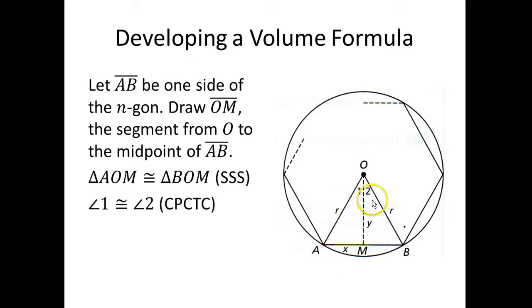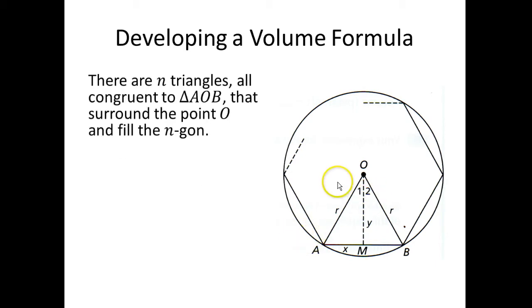Also, angle 1 and angle 2 are congruent to each other because they're corresponding parts of congruent triangles. There are a total of n of these triangles. For example, let's say this inscribed polygon has 1, 2, 3, 4, 5, 6 sides. Then there are 6 of these triangles that are congruent to triangle AOB, that surround the point O and fill up the regular n-gon.